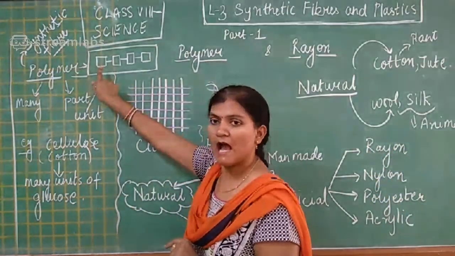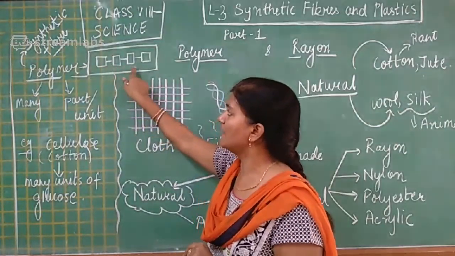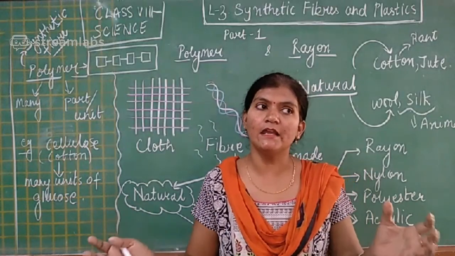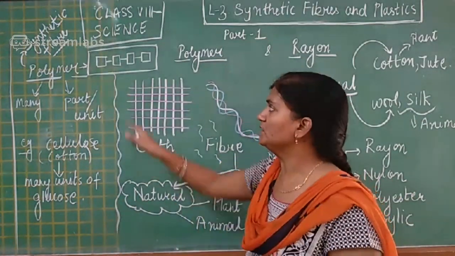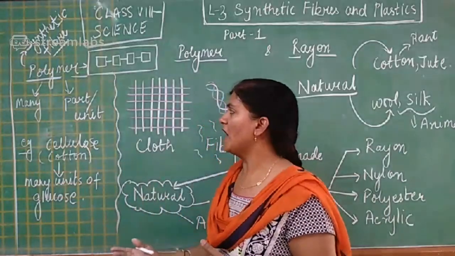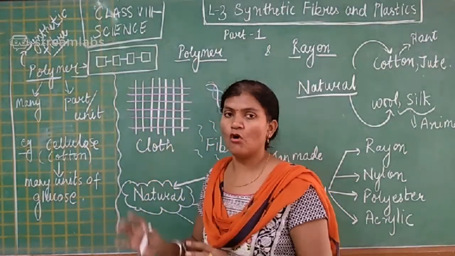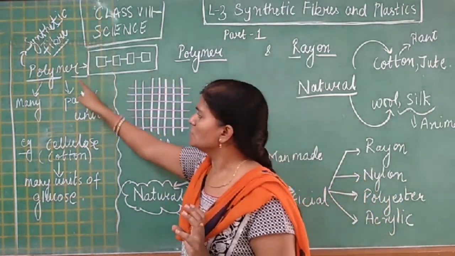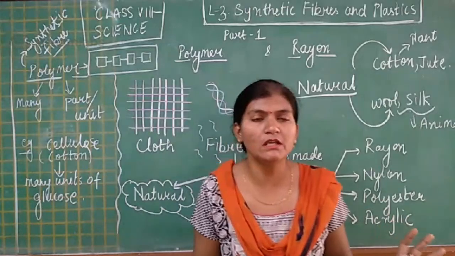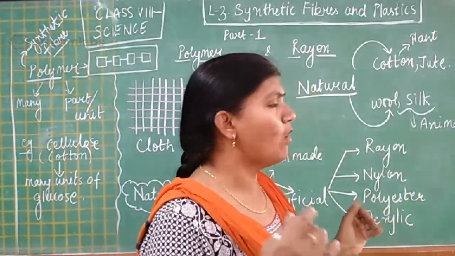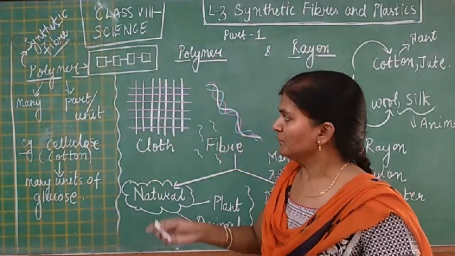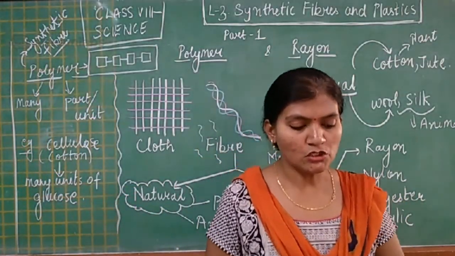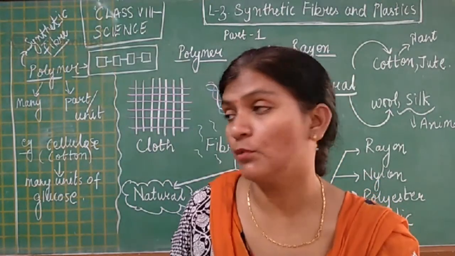So suppose I consider these boxes as the units, then these boxes are connected together with the help of a bond to form what? To form a big unit which is the polymer or the synthetic fiber. So many small units or parts are joined together to form the polymer.